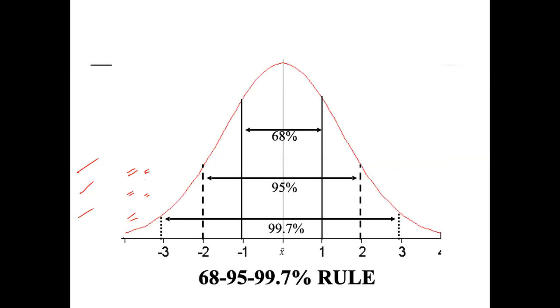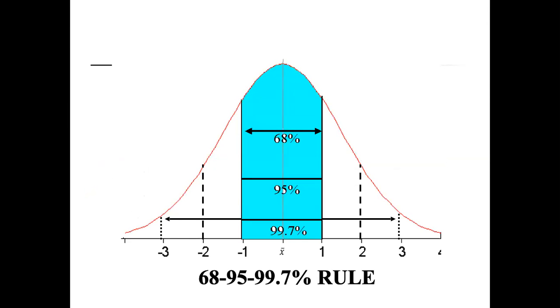All right. To illustrate that further and to visualize what we mean by the 68, 95, and 99.7 rule, referring to this diagram, this corresponds to 68% of the distribution within one standard deviation above the mean and one standard deviation below the mean. If you notice, we see a negative and a positive value.